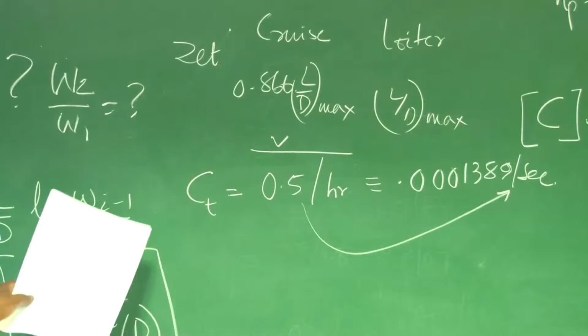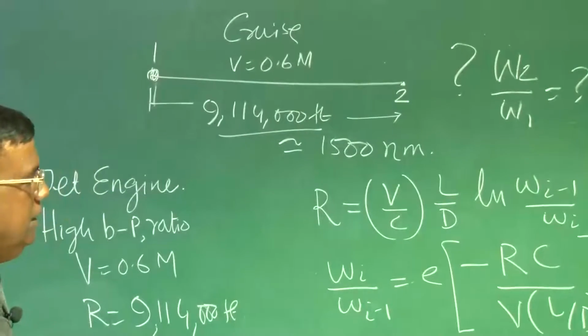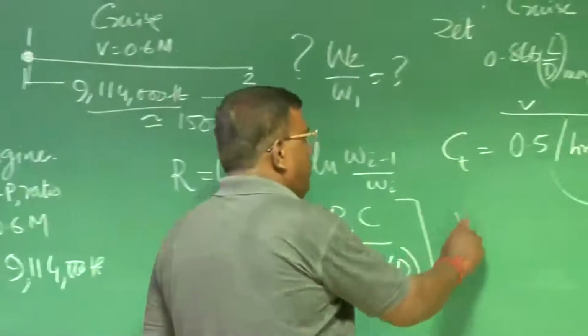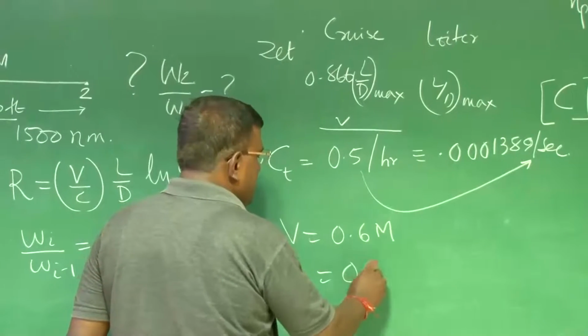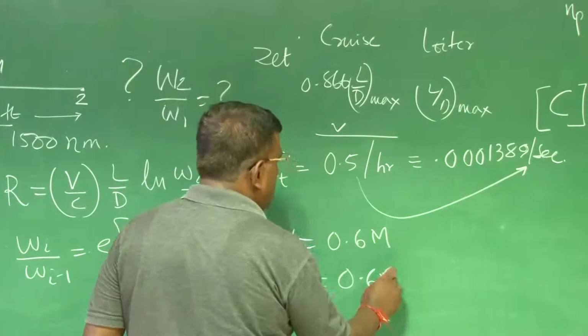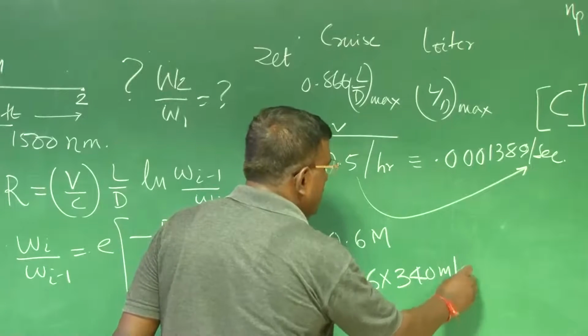So CT I have corrected, R I have taken in feet, so consistent. V is 0.6 Mach, so I write 0.6 into, what is that? Should I write 340 meter per second here? Will it be okay?